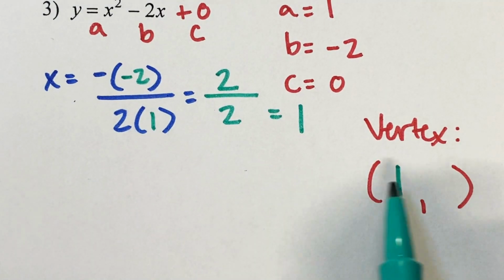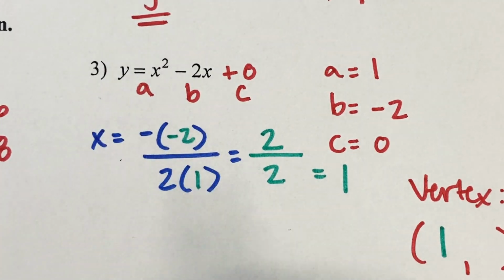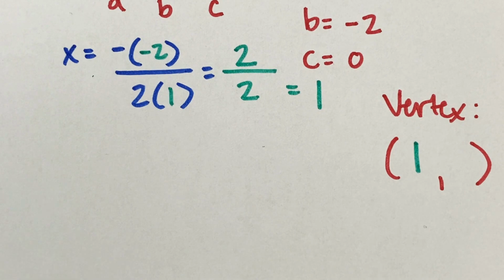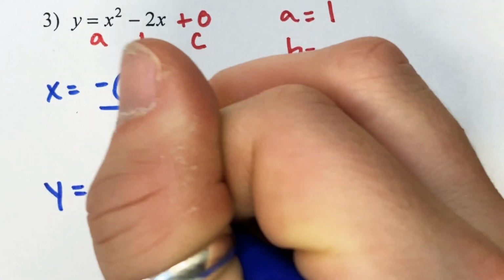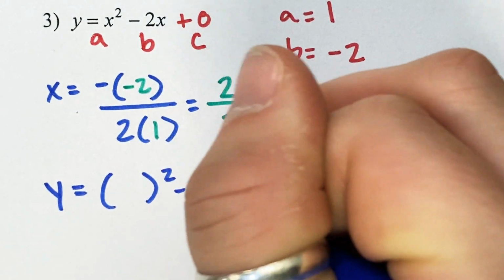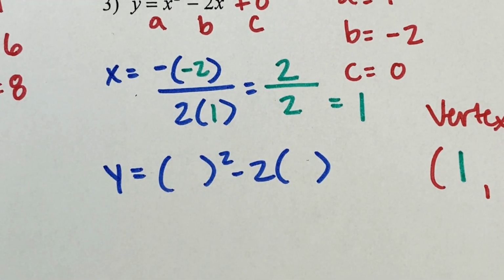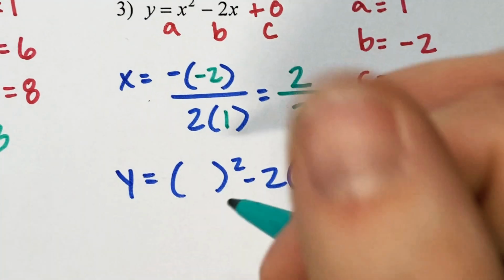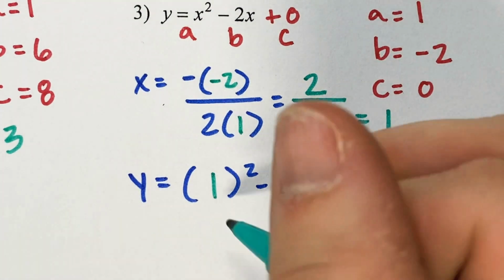So now we're going to plug 1 into this original quadratic in order to find y. So I have now y equals x squared minus 2 times x. And everywhere I have that x, I'm going to plug in a 1. What is 1 squared?